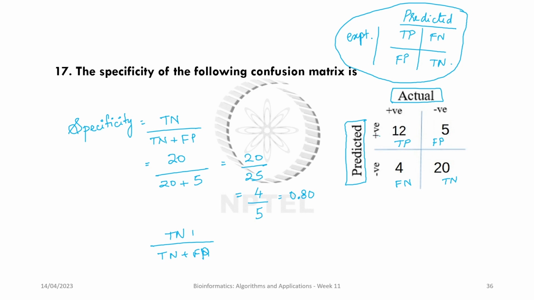Now I'm confused. This is right, correct? Am I right first? When you have a prediction as positive but the experimental being negative, it's a false positive. The prediction is negative and the experiment is positive, it is false negative. Correct? So if I go by the nomenclature which we have been following throughout this session at least, then it should be 20 by 20 plus 5, which is 0.8.